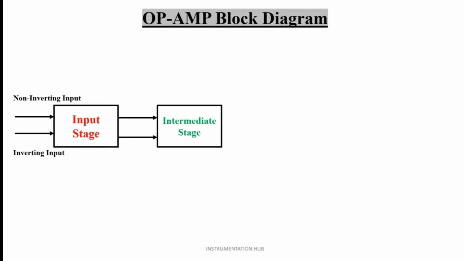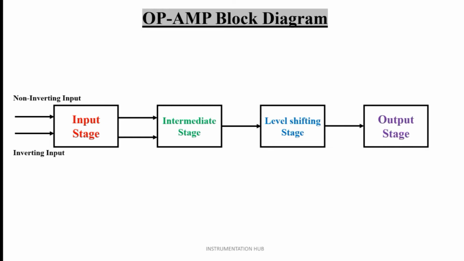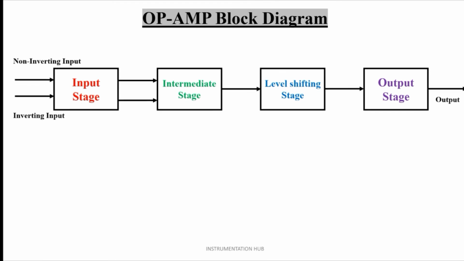The third stage is a level shifting stage. And the fourth and final stage is an output stage. So let's understand how these stages play a role in the amplification process.